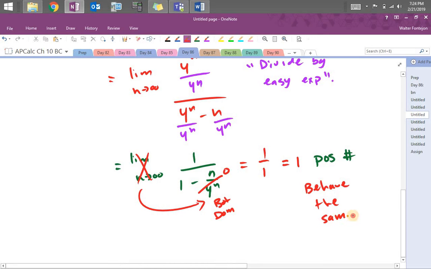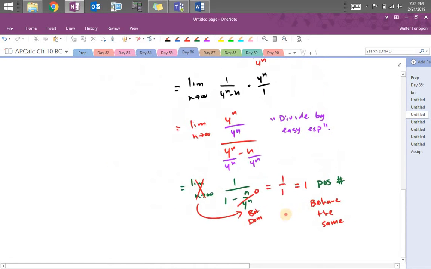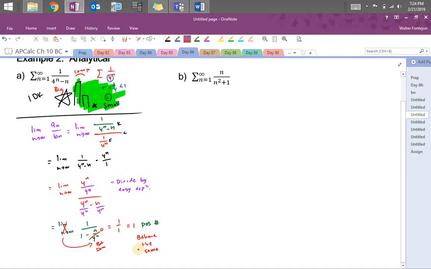Now we go back to the original problem. I'm going to erase this IDK, and I know now that if the one that I compared to was converging, this will also converge, because the limit comparison test tells me that if it's a positive number, they will behave the same. That's the limit comparison test.